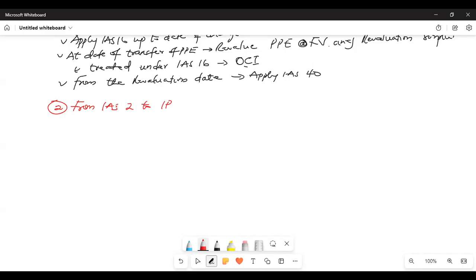So when you are converting it from IAS 2 to an IP, it means you have to do a fair value. So watch this. From IAS 2 to IP, it is carried at fair value.